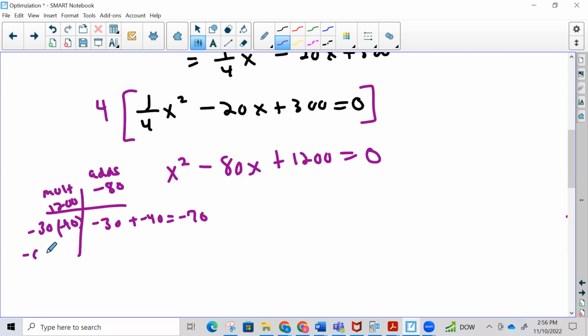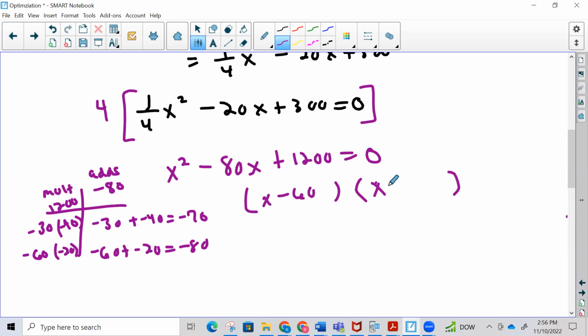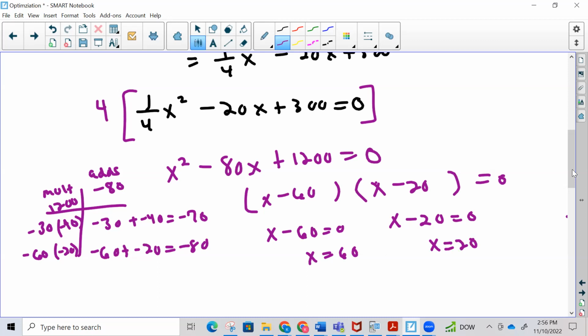I could try 60 and 20. Again, they both have to be negative so that it multiplies to a positive. If I do that, I do get negative 80. So this factors to x minus 60 and x minus 20. We set each factor equal to 0, so x is 60 and x is 20. Okay, so those are my two possibilities.